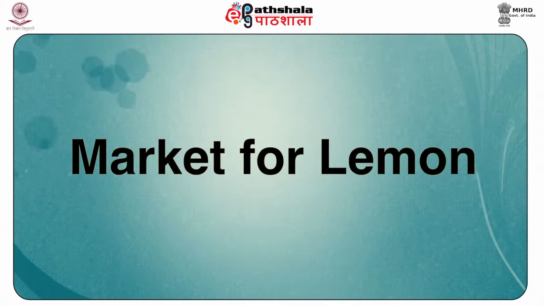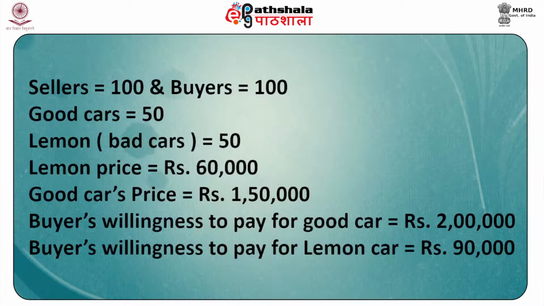Market for lemons. Now let us look at the standard example of a market for second-hand used cars to illustrate the implications of the problem of adverse selection. Consider a market with 100 people who want to sell their used cars and 100 people who want to buy a used car.